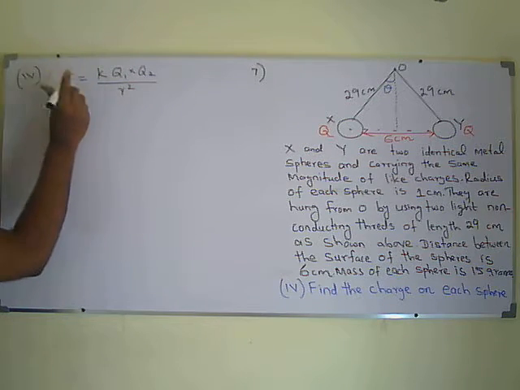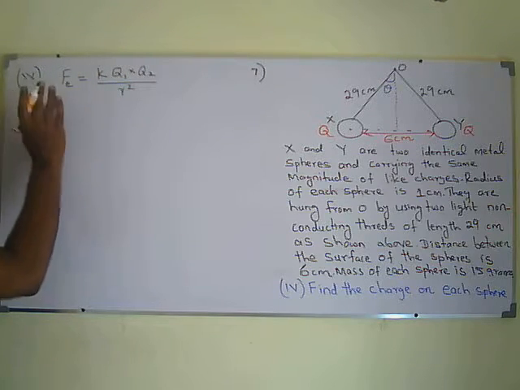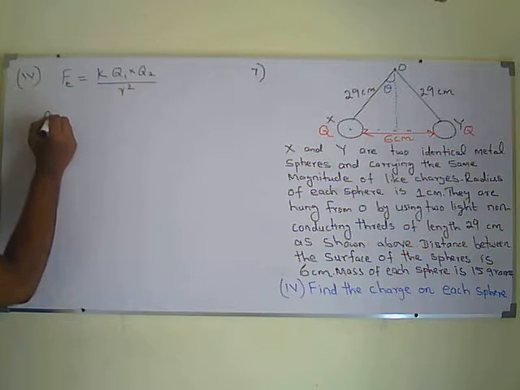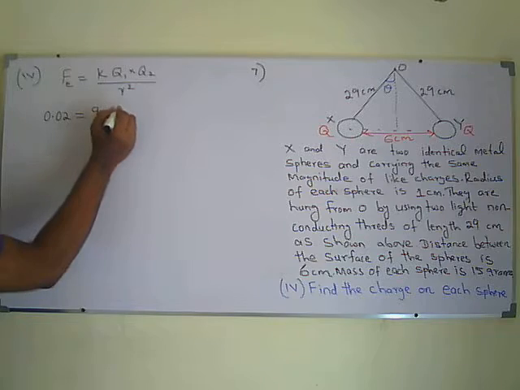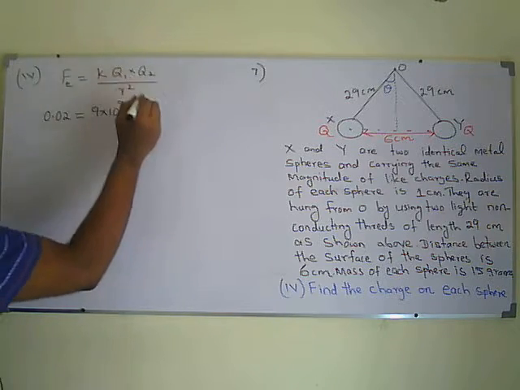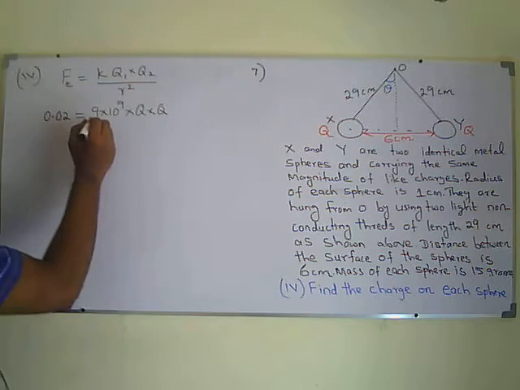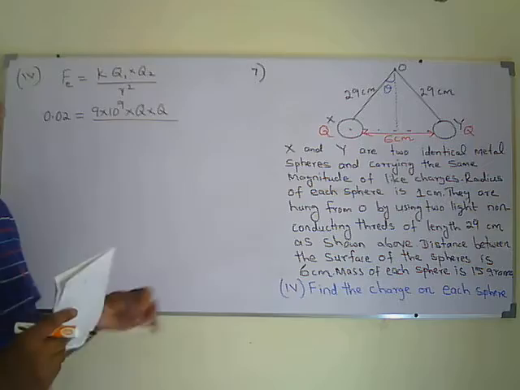That's the electrostatic force, Fe, which I already found: 0.02 Newton. K is 9 into 10 to the power 9. Q times Q, I can say Q squared, divided by R. Careful, most students make the mistake of putting 6.